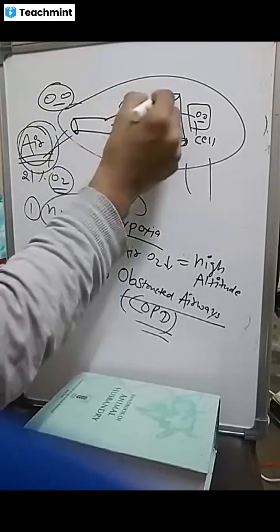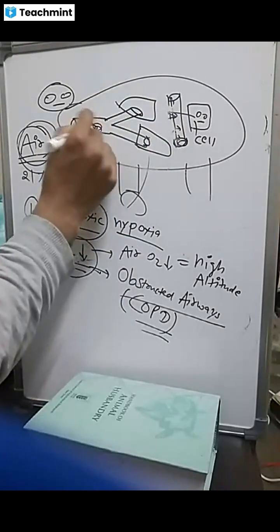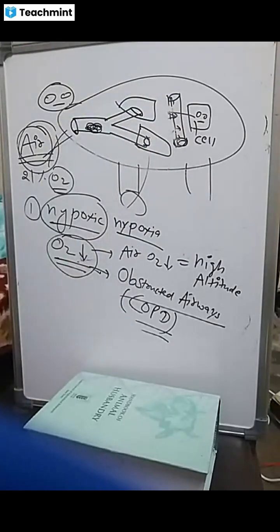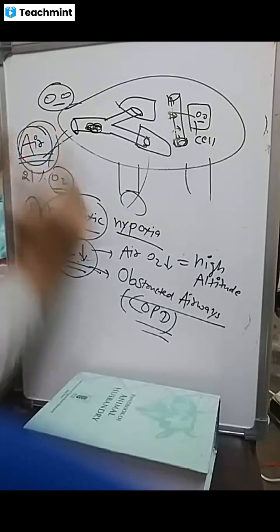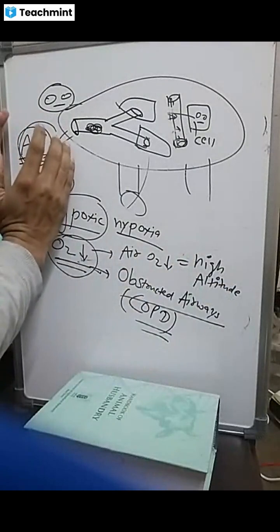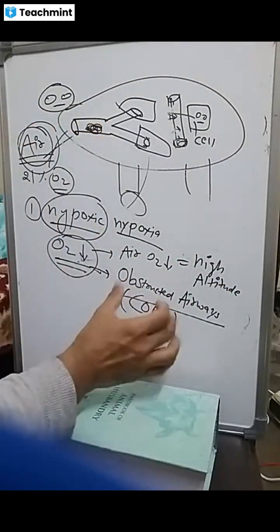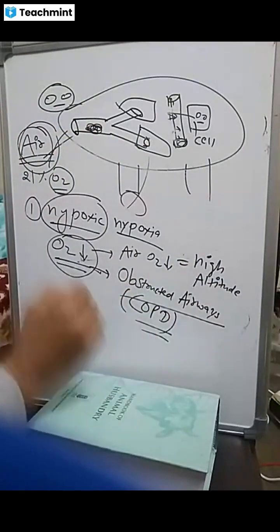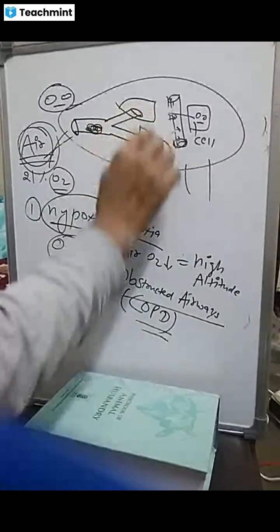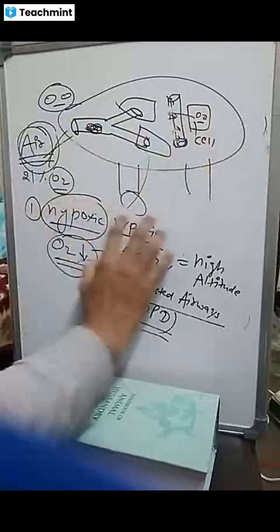Suppose these are the lungs, and this airway is obstructed. So the oxygen may be less in the air, for example at high altitude, or it is present in the air but the airway is obstructed in case of COPD. So less oxygen reaches the lungs, less to the blood and less to the cell. So this is hypoxic hypoxia.